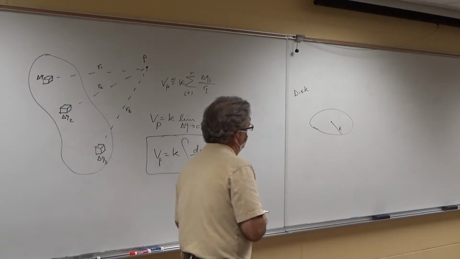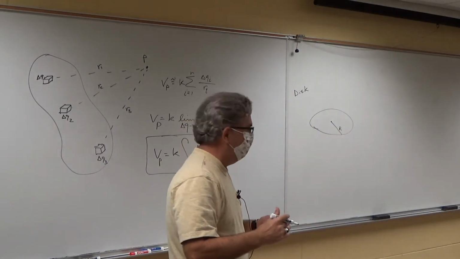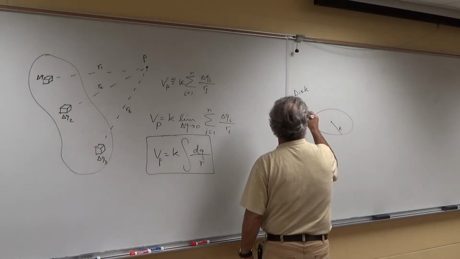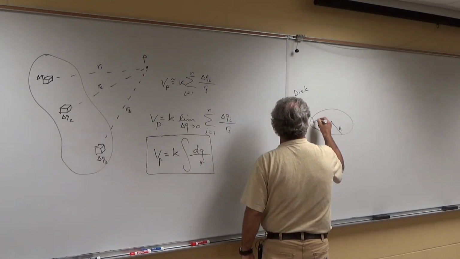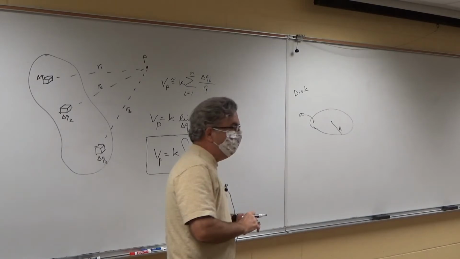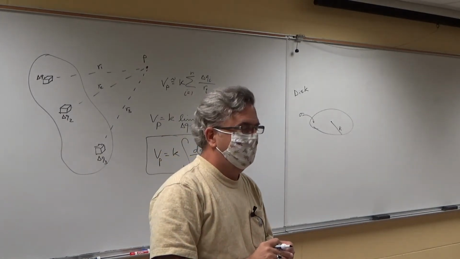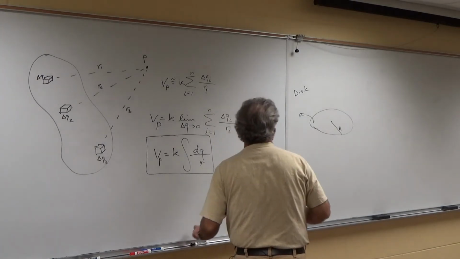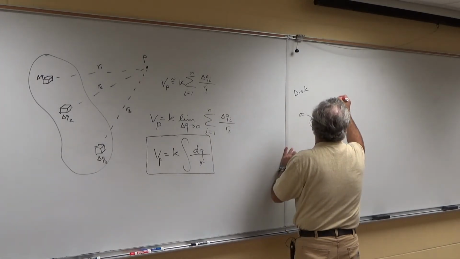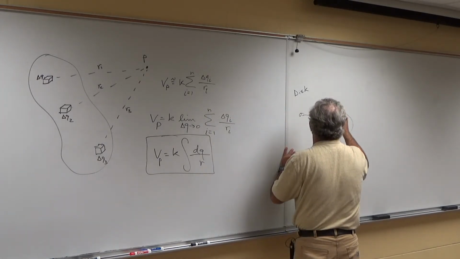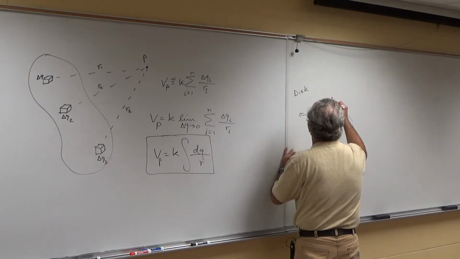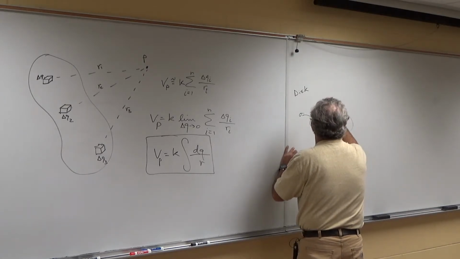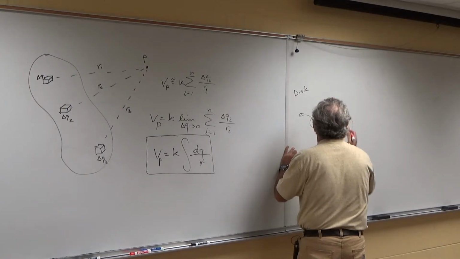Okay. So it's a solid disk. It has some surface charge density sigma distributed evenly throughout the disk. And I want to know what's the potential at some distance from the center of the disk, and I'll call that distance x.